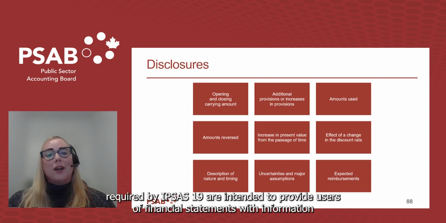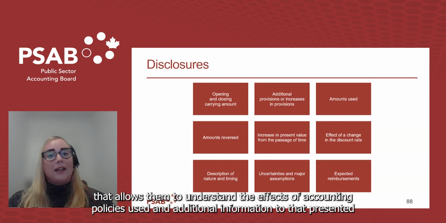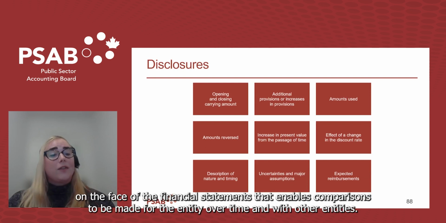The disclosures required by IPSAS 19 are intended to provide users of financial statements with information that allows them to understand the effects of accounting policies used and additional information to that presented on the face of the financial statements that enables comparisons to be made for the entity over time and with other entities.